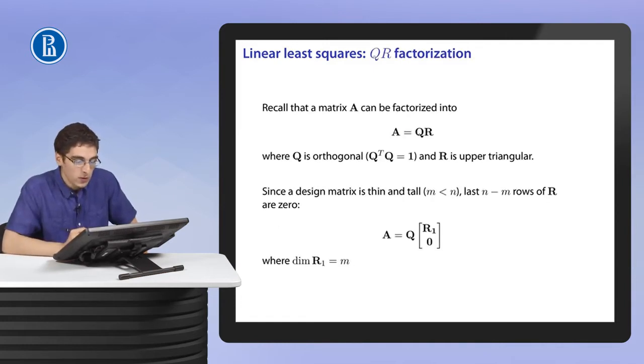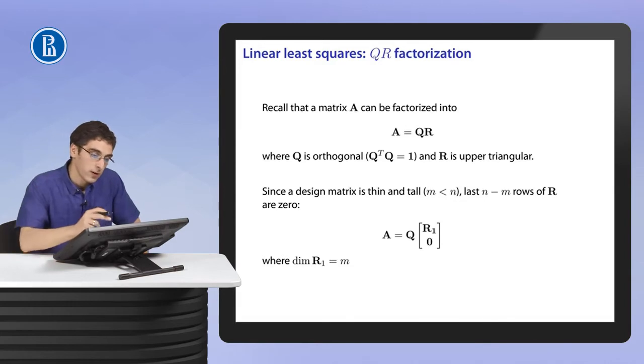One way is based on the QR factorization, which we discussed a while back. So just to remind you, any matrix, including, say, a rectangular one, can be factorized into a product of an orthogonal matrix, let's call it Q, and an upper triangular matrix.